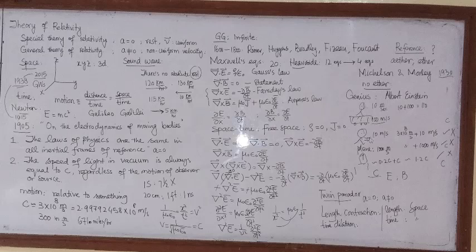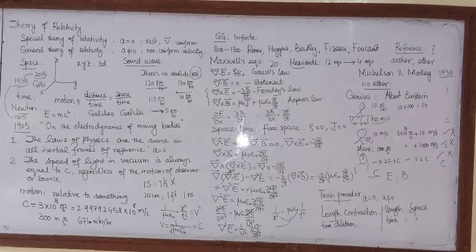If he is moving in a space shuttle at, let's say, 0.2 c, and he switches on the torch, and the light is moving at speed c, then is the speed equal to 1.2 c?